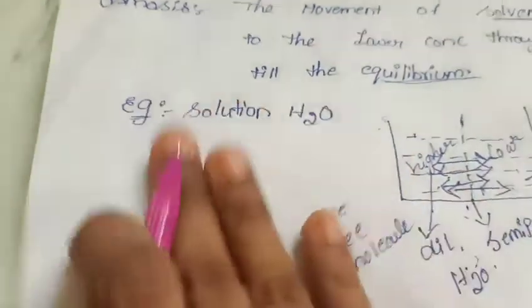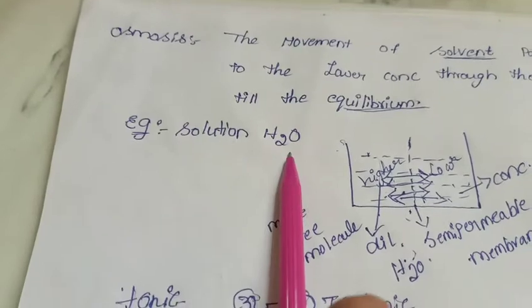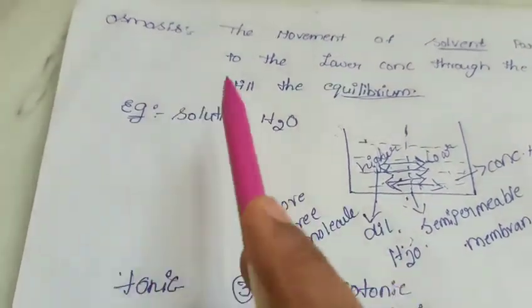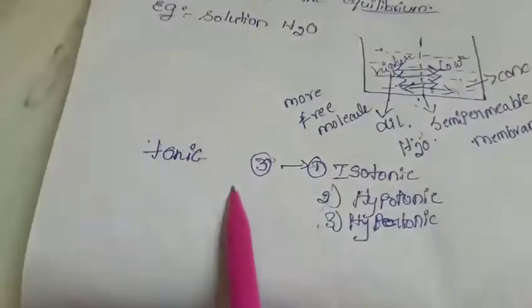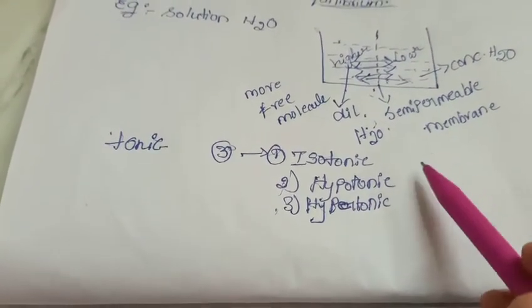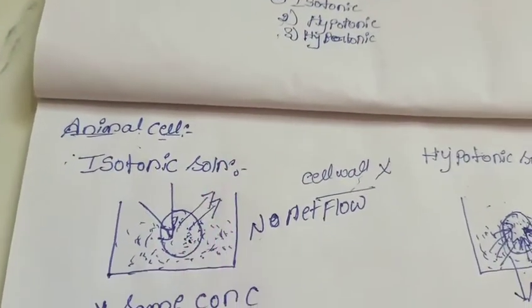We have discussed osmosis, where the solvent particles and solution mean water. We have taken water as the solution. We have discussed osmosis in the solution particles and tonic solutions: isotonic, hypertonic and hypotonic. We have seen this in the animal cell. Okay, I think you have understood what will happen.